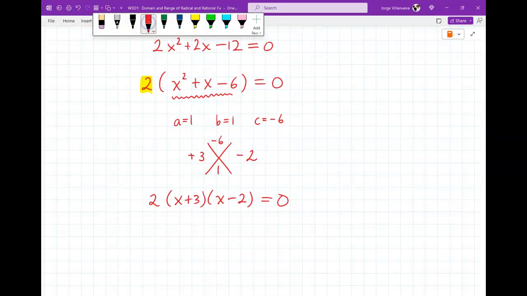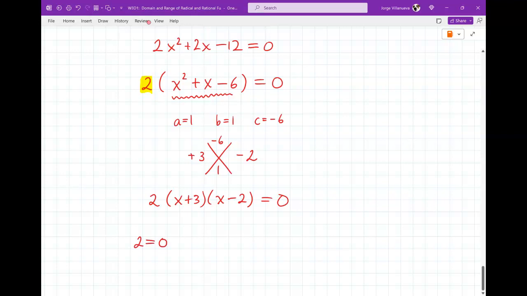So we're going to get 3 little pieces. 2 equals 0, x plus 3 equals 0, and x minus 2 equals 0. Well, 2 equals 0 is not possible, right? So I'm just going to put that's not possible. 2 cannot equal 0. The other answer, that's x equal to -3. And the third answer here, x equal to 2.